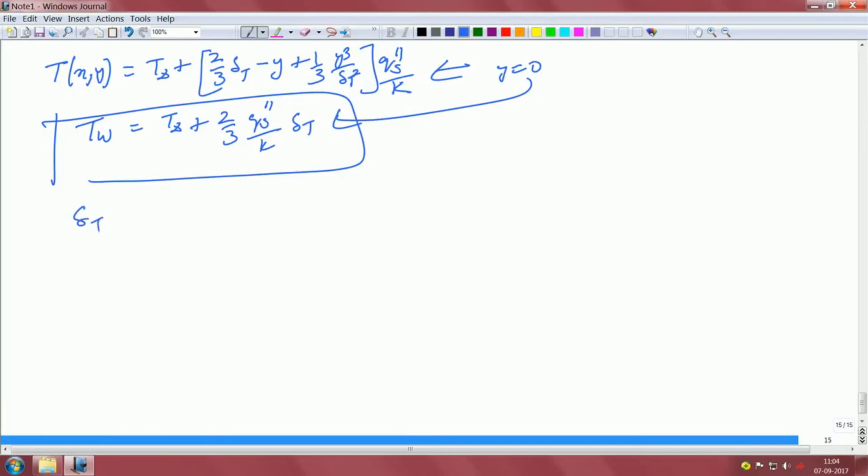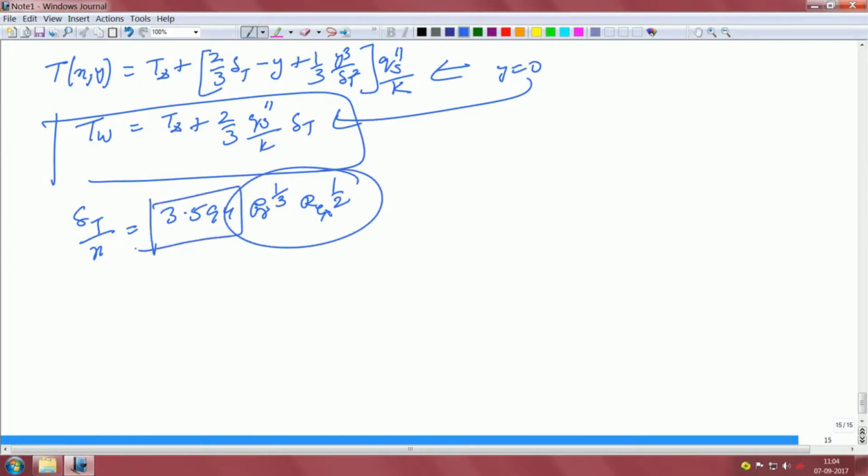The final expression, if you manage to do this properly, will be 3.594 Prandtl number to the 1/3, Reynolds number to the half. So, the coefficients do change a little bit, but this variation still remains the same. This of course is a different number now. So, that is your delta.